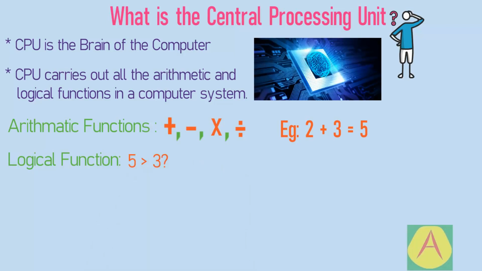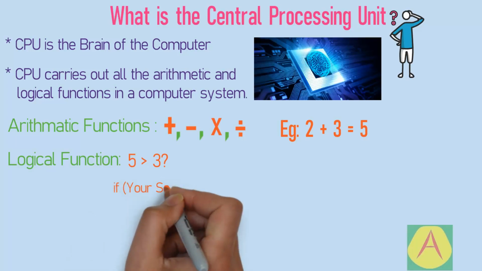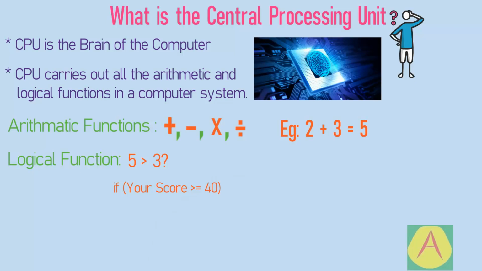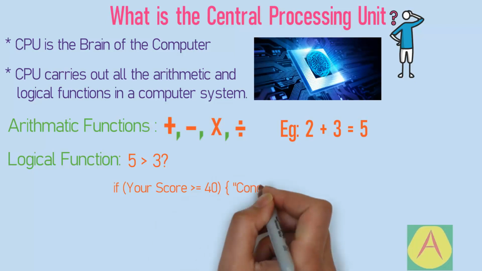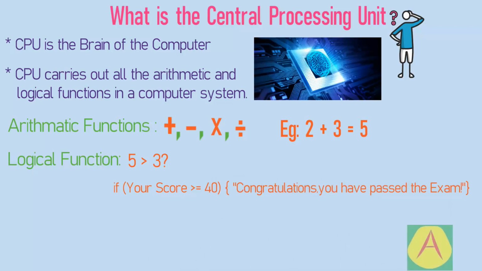For example, let's say you are taking an online exam and the pass mark for this exam is 40. So as soon as you have completed your exam, the CPU will compare your score with 40. If it is more than or equal to 40, it might display a message like, "Congratulations, you have passed the exam."